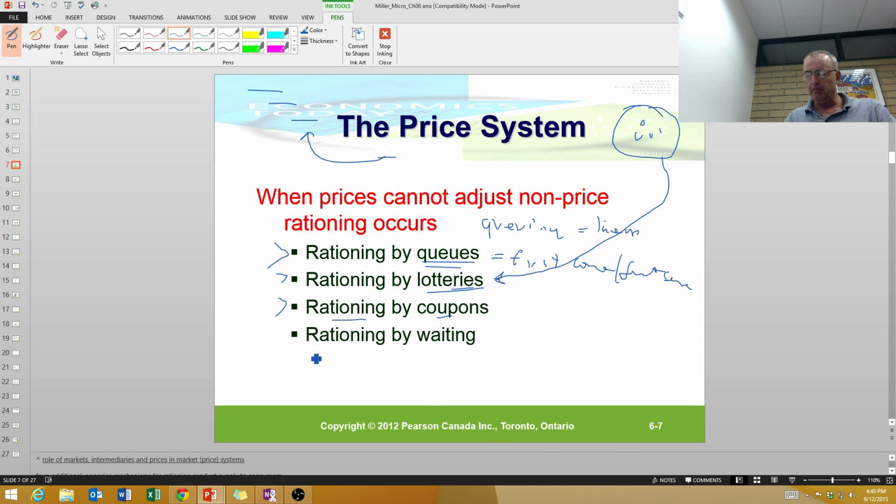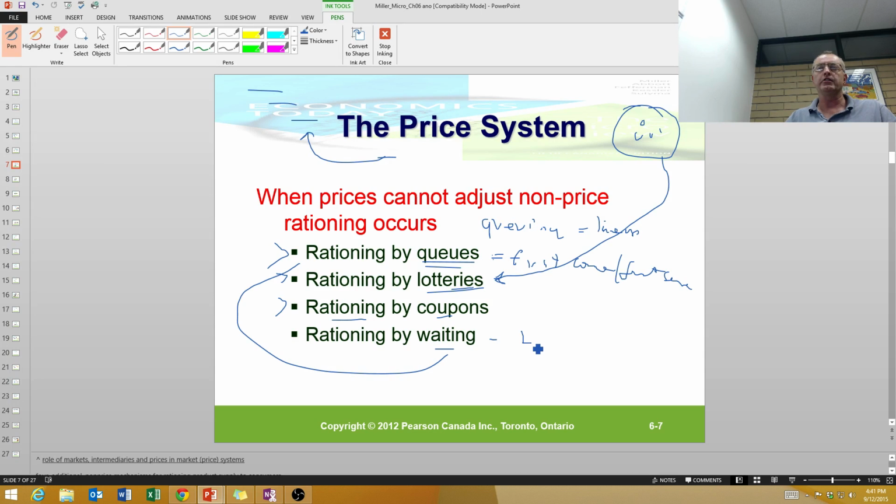And then another one, waiting, which I would say is the same as queuing. Another form of non-price system we use to ration goods is getting into certain post-secondary schools.